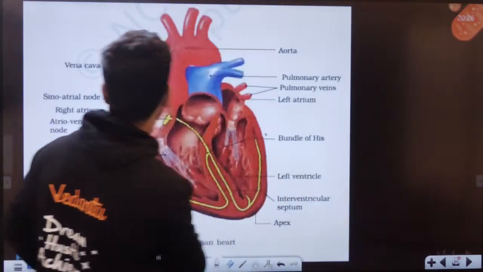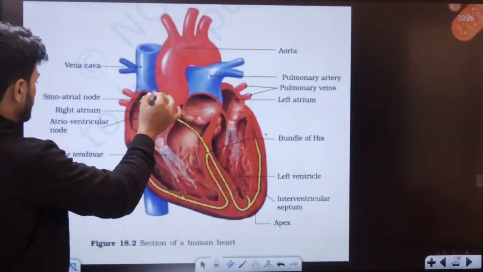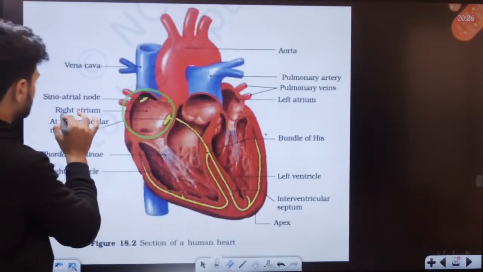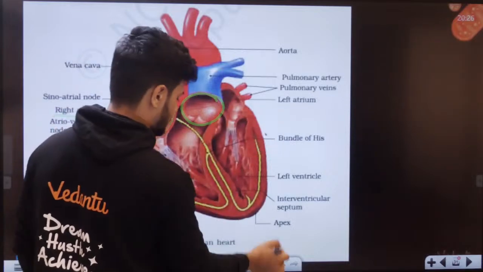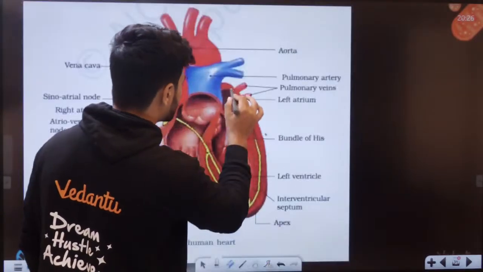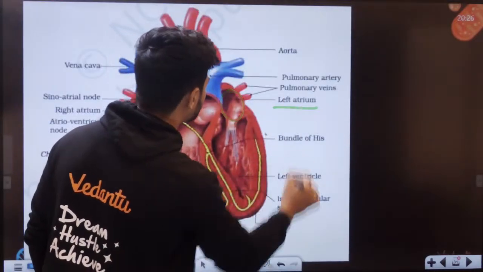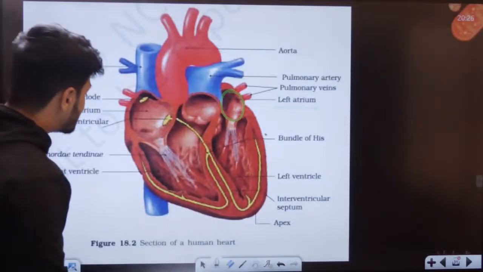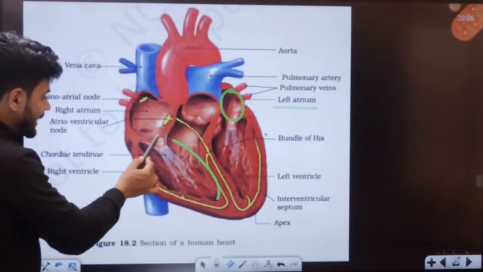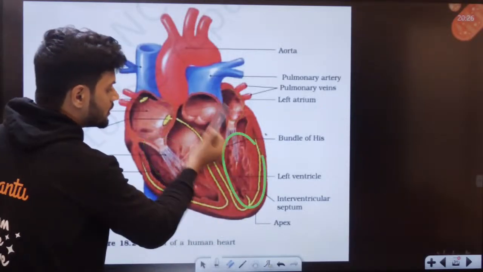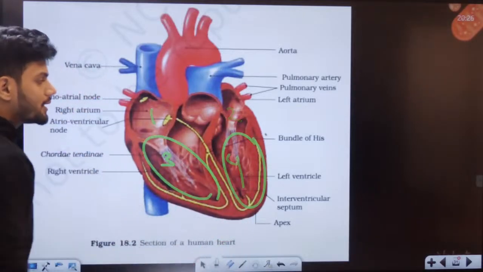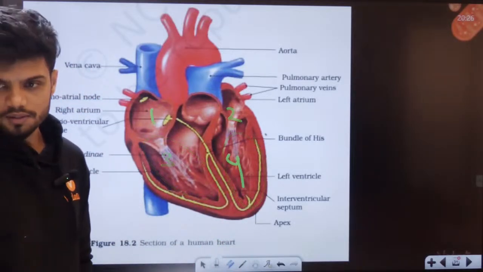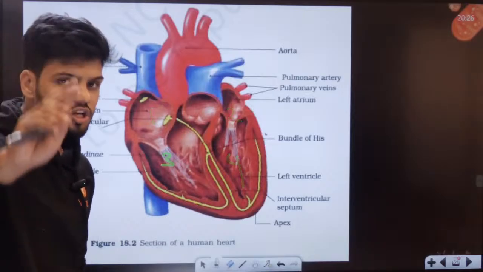Now see here, students. Here we can see the entire right atrium, then this entire thing is called the left atrium. Then this is the right ventricle, left ventricle. So there are 1, 2, 3, 4. In total 4 chambers present here.